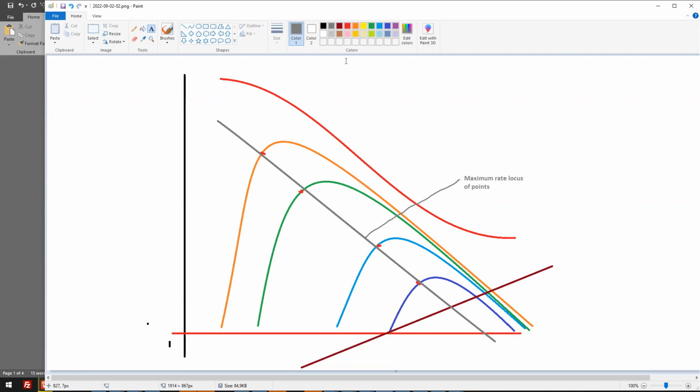So if I start here, then if I wanted to achieve the highest reaction rate in my reactor, I should stop at this point.